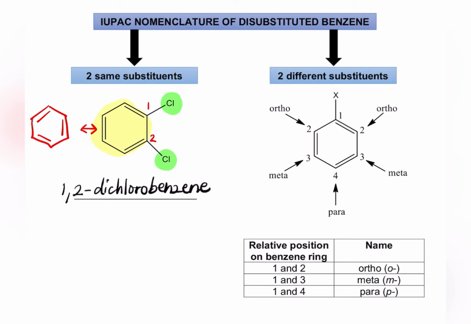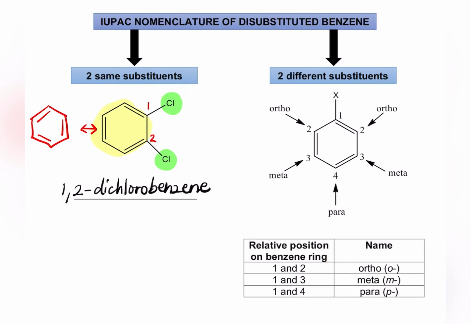Next, we will go to disubstituted benzene with two different substituents. This is a special case for the benzene ring where we depend on the relative position of your substituents on the benzene ring.